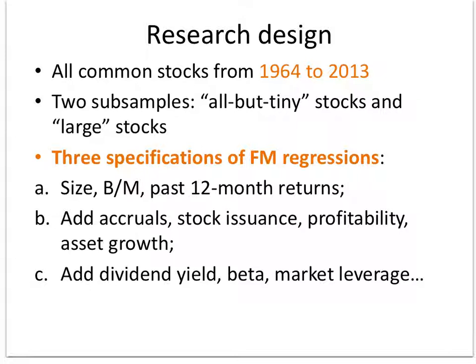And in the third model, we further include a host of additional characteristics that an investor might think could help predict returns, for example, dividend yield, beta, and market leverage.